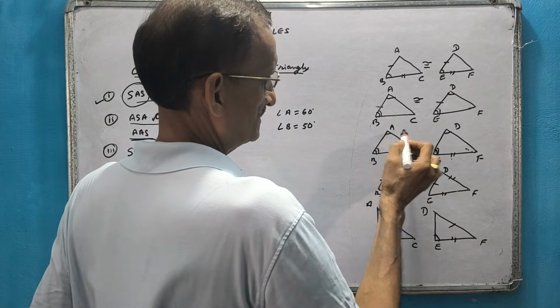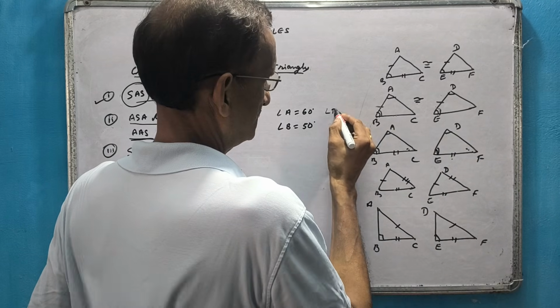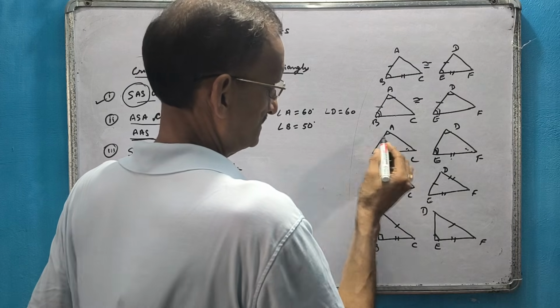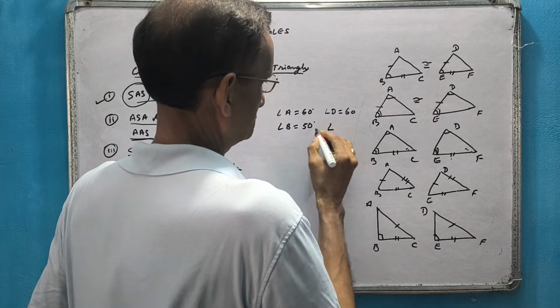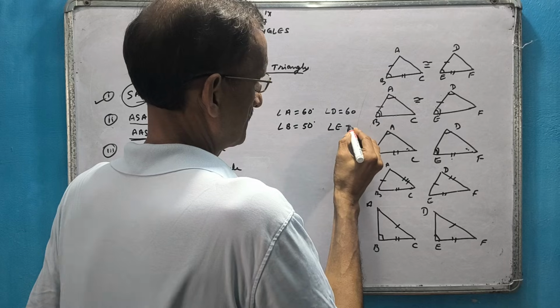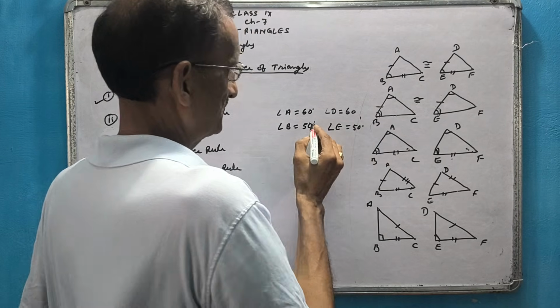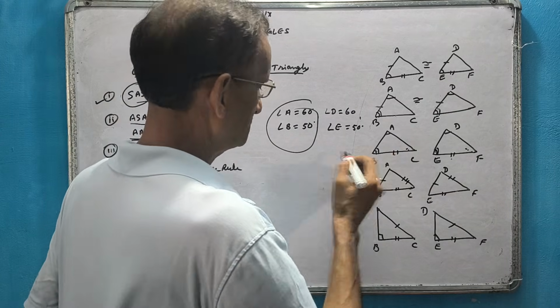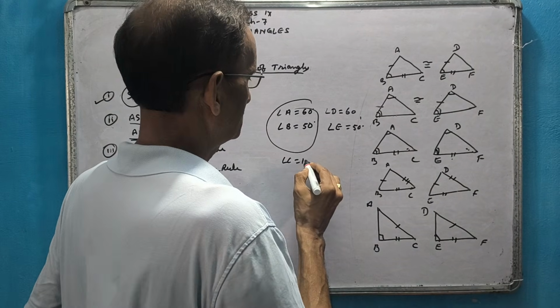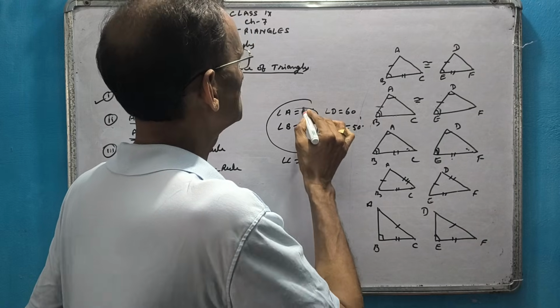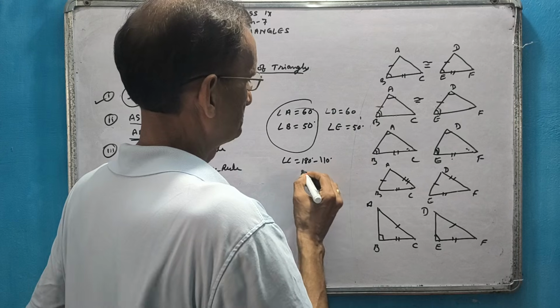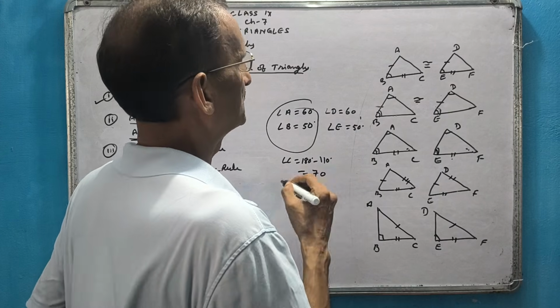We are given angle A equal to angle D, so angle D is also 60 degrees. Angle B equal to angle E, so angle E is also 50 degrees. Now by the angle sum property of triangle, what will be angle C? 180 degrees minus the sum of these two angles, which is 110 degrees. So how much will we get? 70 degrees.